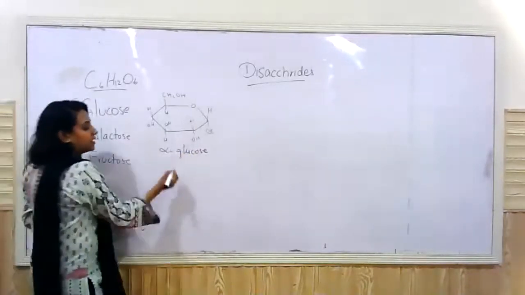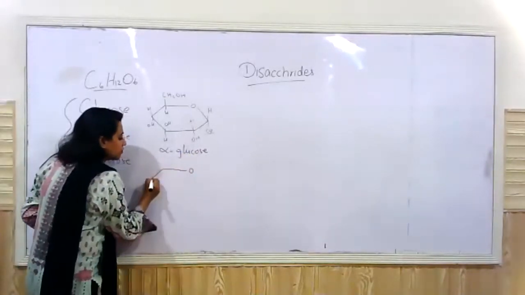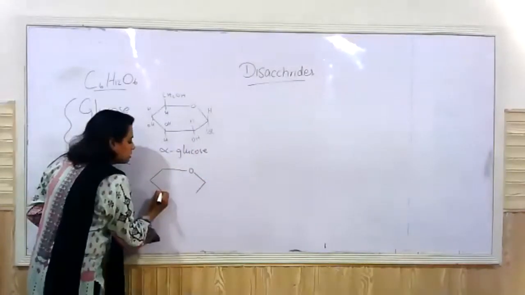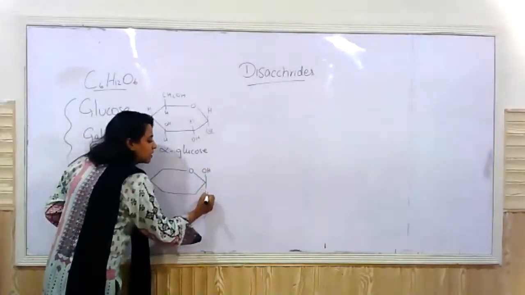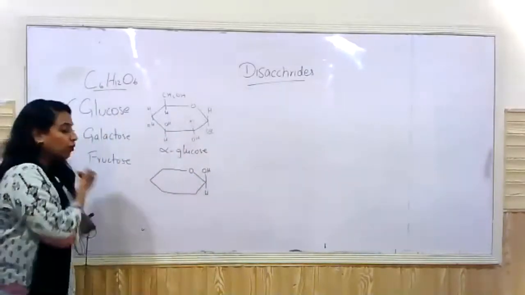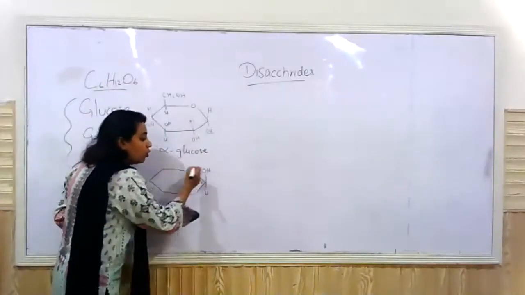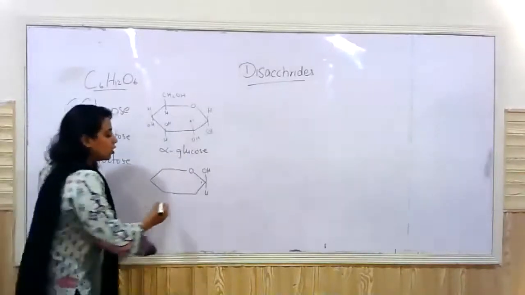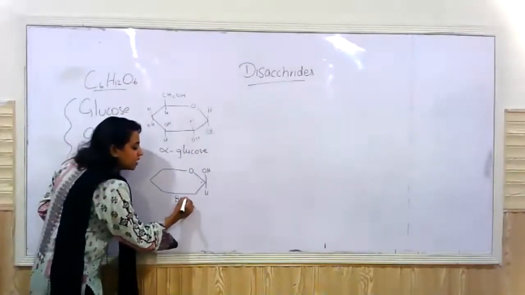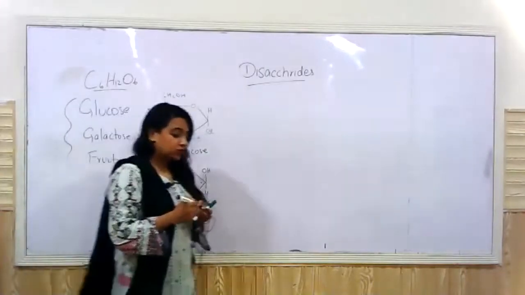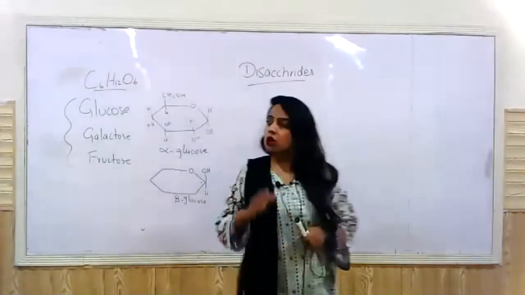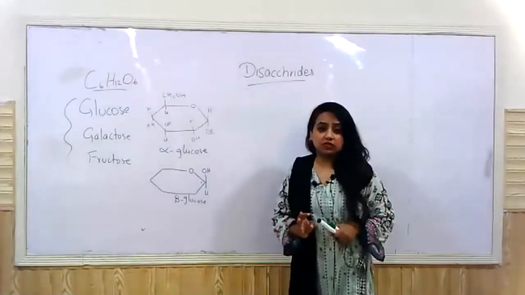If at the same position, carbon number 1, the OH group is present above the plane, rest is the same, right? Only if at carbon number 1, the OH is present above the plane, we call it what? Beta glucose. Now they're both glucose. They have the property of glucose, only the way they form bonds is different, right?